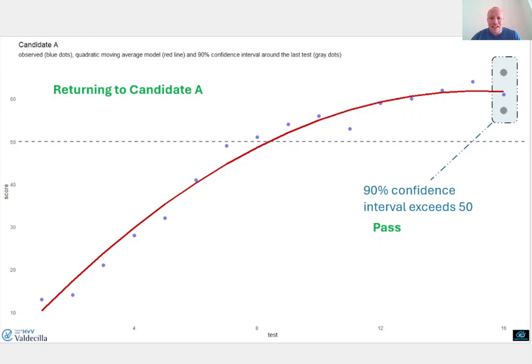For candidate A, the 16 progress tests have provided a good guide regarding their knowledge progress throughout the 4 years of the program, and there was no need to invest more assessment resources to assess whether this candidate performs at least at the expected level.